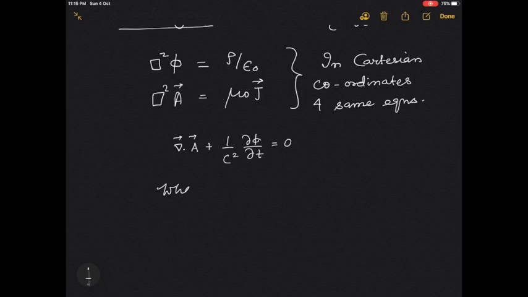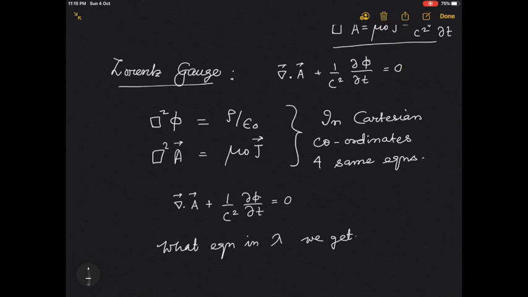If you try to figure out the same relation that I got here for the Coulomb gauge, in this case it will be different. So I leave to you to figure out what equation lambda must satisfy, so that if we know the solution for A and phi in one Lorentz gauge, I get the solution for A and phi in another Lorentz gauge. Okay, so that's it for today. Starting from the next class, we will try to learn how to solve such differential equations, such partial differential equations. Thank you.